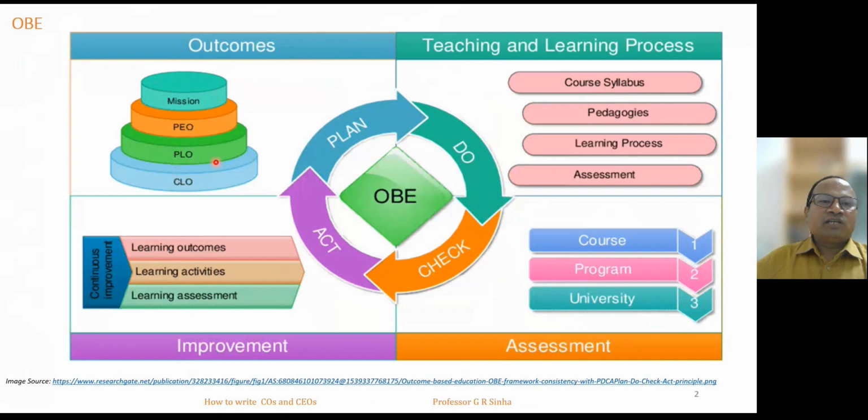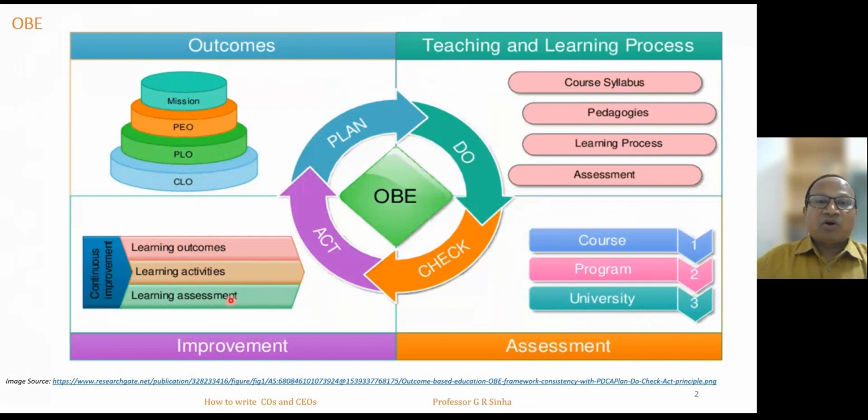As we know, each program consists of a number of courses. So under program learning outcomes, there are course learning outcomes. Each course will have a few course learning outcomes. All course learning outcomes might not be the same as the program learning outcomes. That we will understand. And then learning activities that will help the students to demonstrate those outcomes.